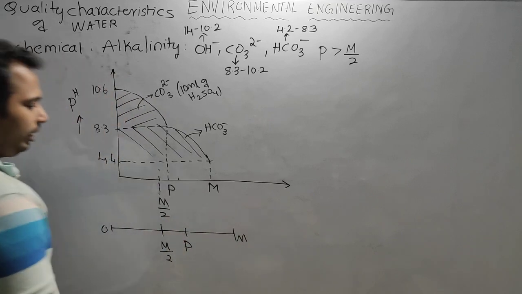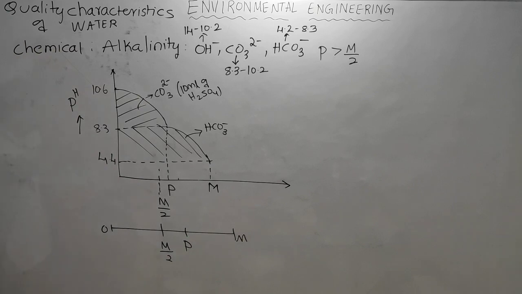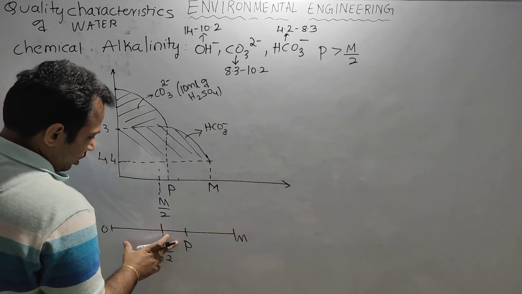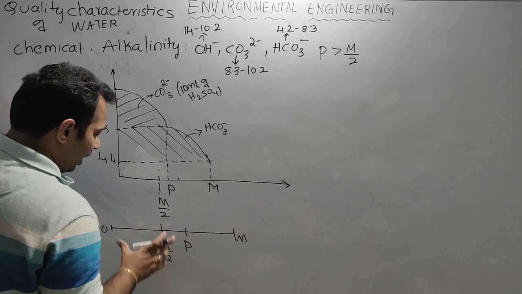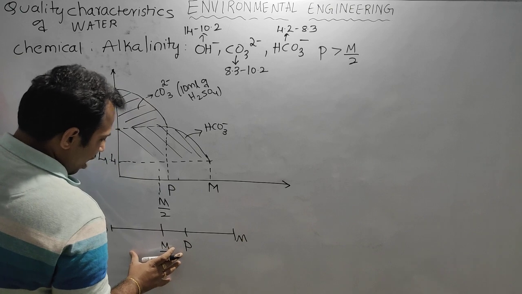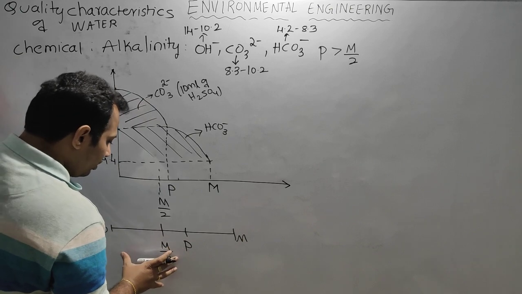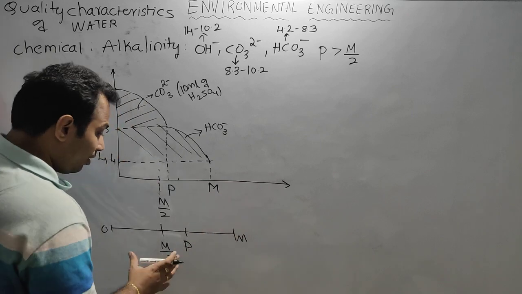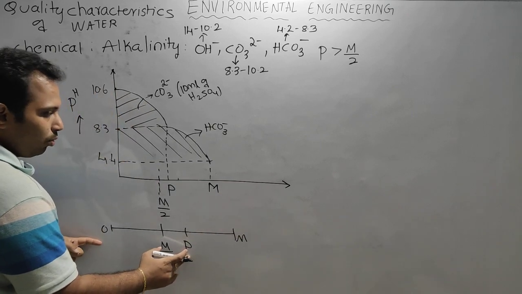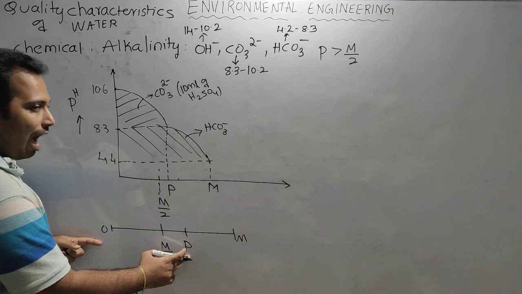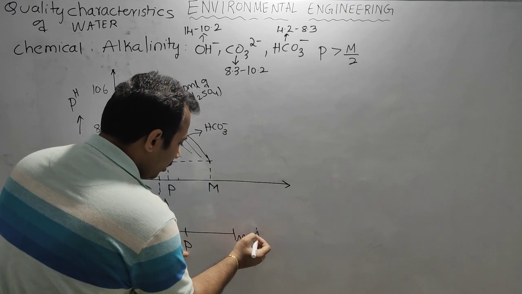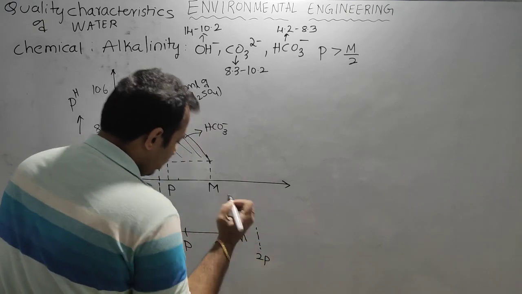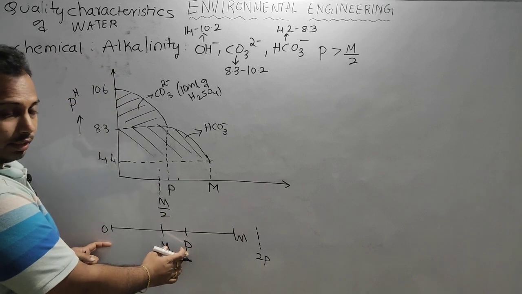So P is greater than M by 2. See here, this is P, right? If it is completely having CO3 2 minus, then the same P should be present on the other side, because up to P only half of the CO3 2 minus is getting neutralized. That means another P is needed. That means somewhere here I will get 2P if it is only having CO3 2 minus.